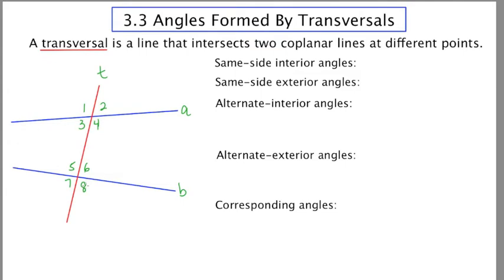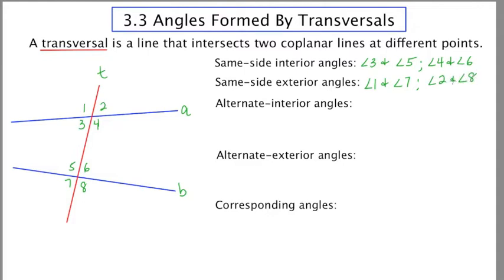Okay, so the same side interior angles were angle 3 and angle 5, and angle 4 and angle 6. The same side exterior angles were angle 1 and angle 7, angle 2 and angle 8.